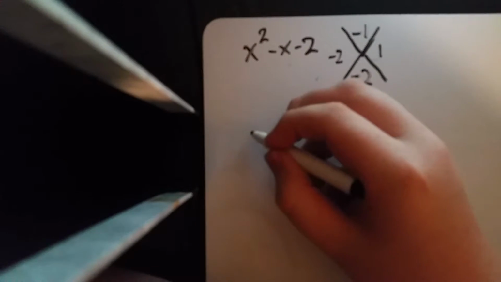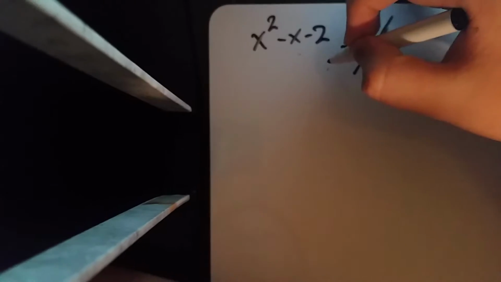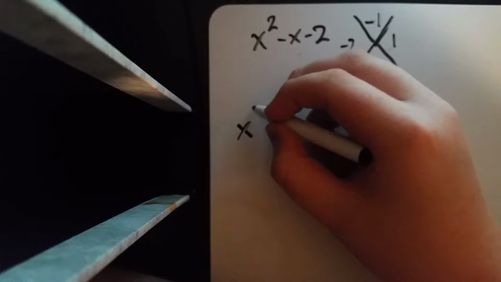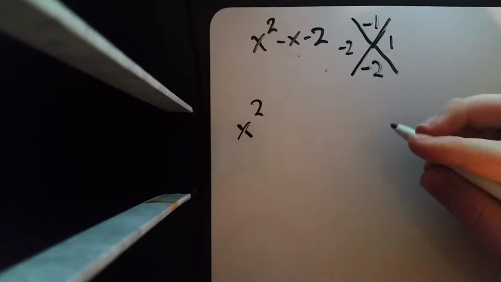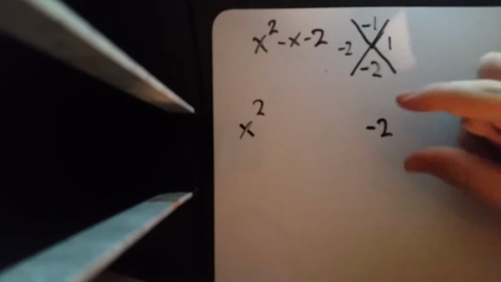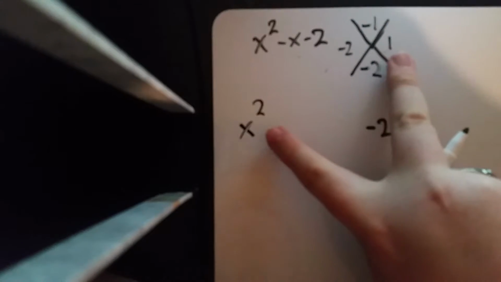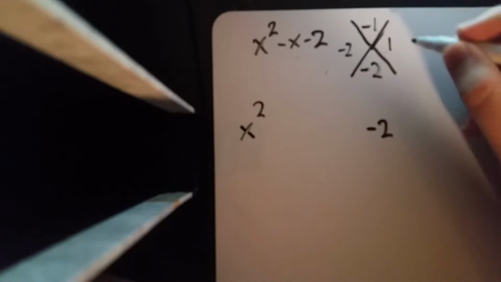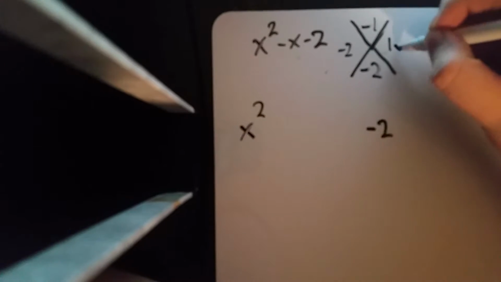So first thing we're going to do is take our first quadratic and move it down here. We're going to get rid of the middle term, though. That's not very important. So x squared, and leave a little bit of room, and minus 2. You're going to pair the bigger numbers here with the smaller numbers. We're going to put x's on either side of these, by the way, just so that it's a bit easier to do.